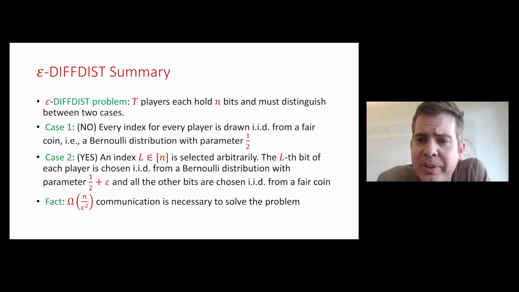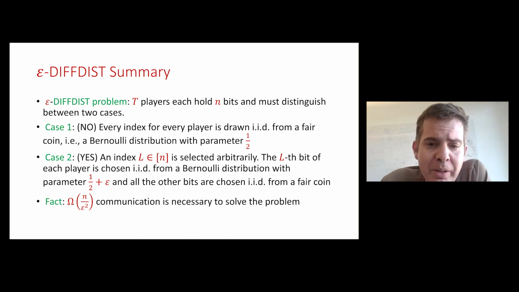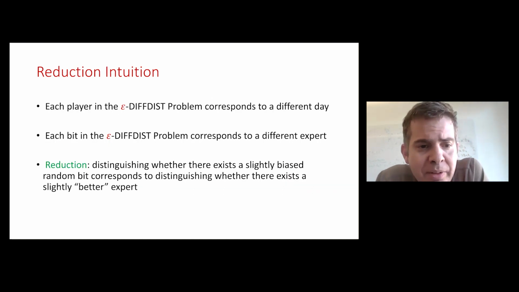Again, there are these issues that maybe you don't have to distinguish no versus yes. As we saw for the simple 2-player set disjointness, you didn't have to find the best expert. That simple 2-player set disjointness is not a lower bound for the expert's problem. It's a lower bound for identifying the expert, which is way harder. So how do we use this?